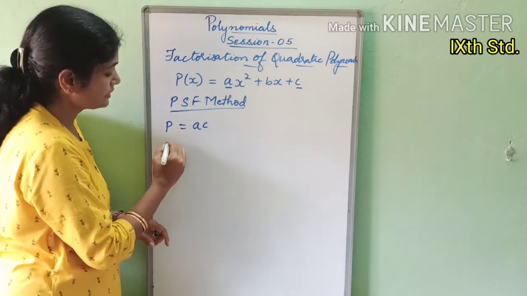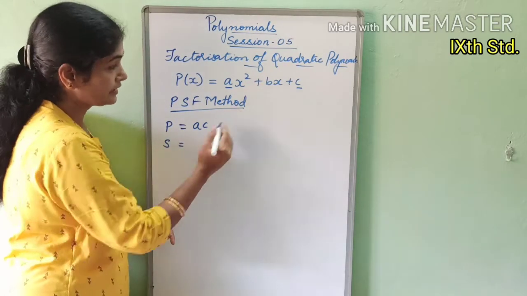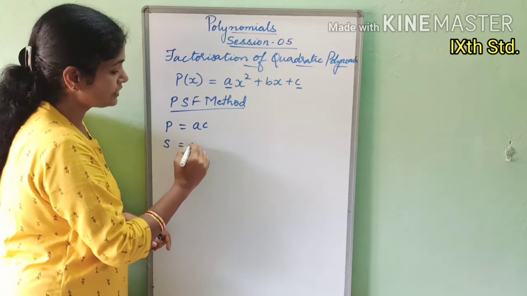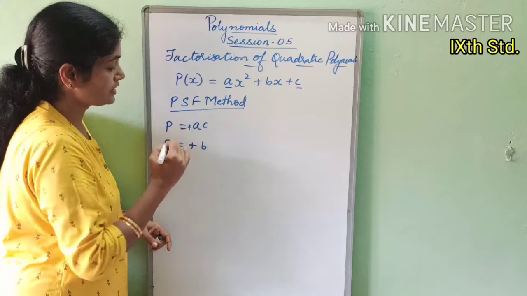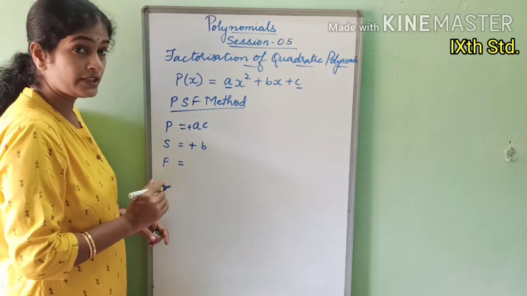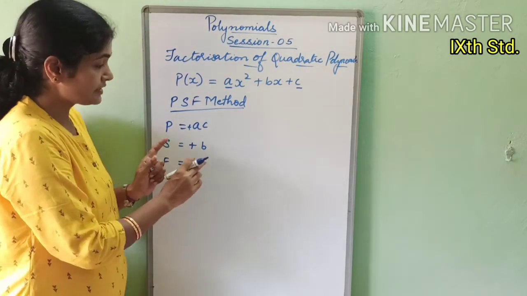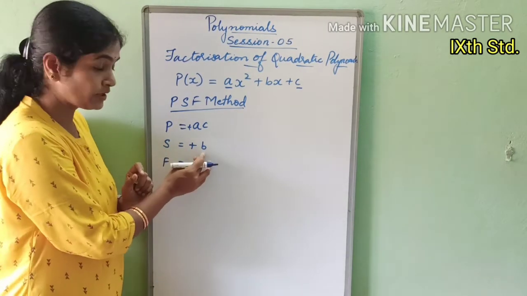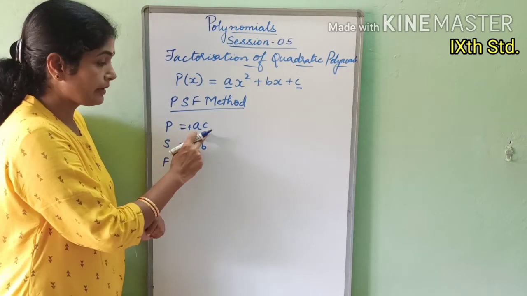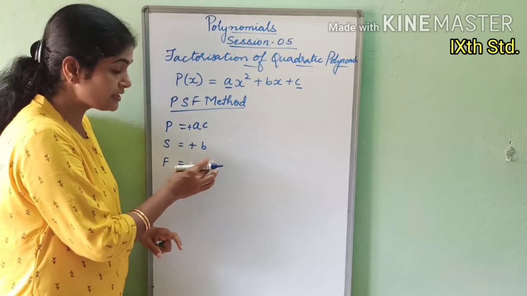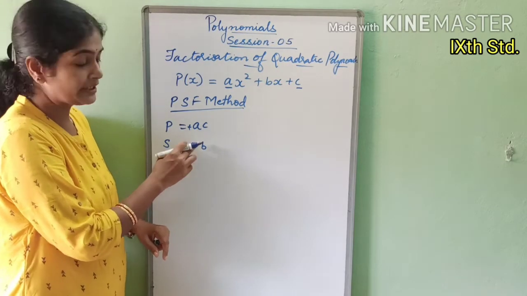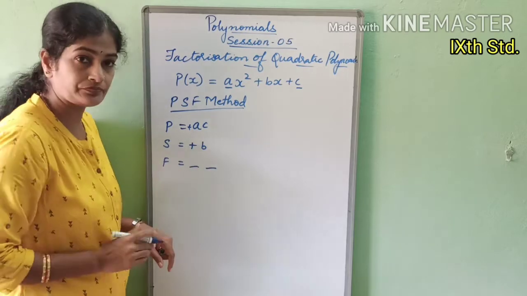And sum is the middle term, that is the coefficient of x, along with the sign. And factors are those factors which, when you multiply, you get back the product, and when you take the sum or the difference you get back this b.